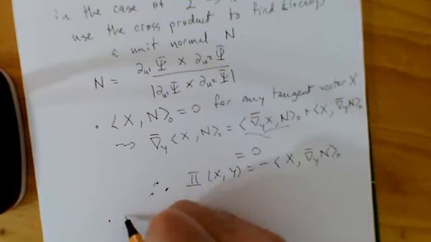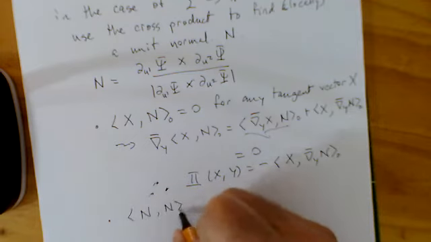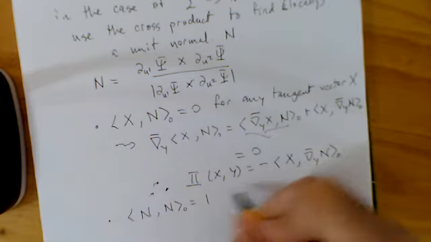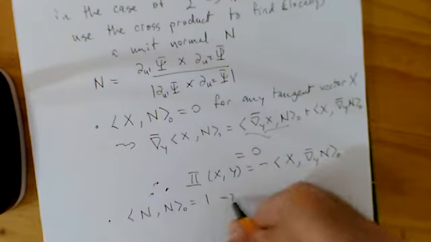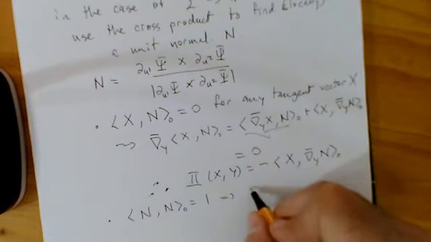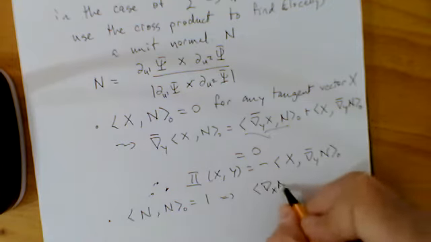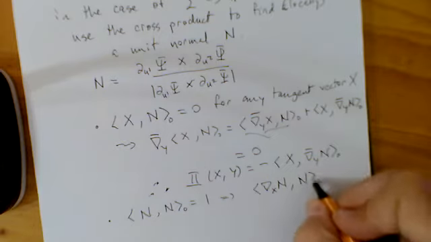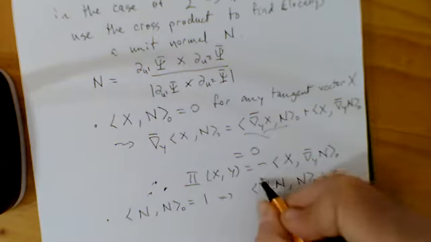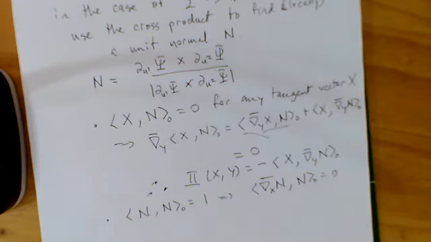We also know that my normal is unit length. So if I differentiate that with respect to any tangent vector, I see that this inner product is going to be 0.